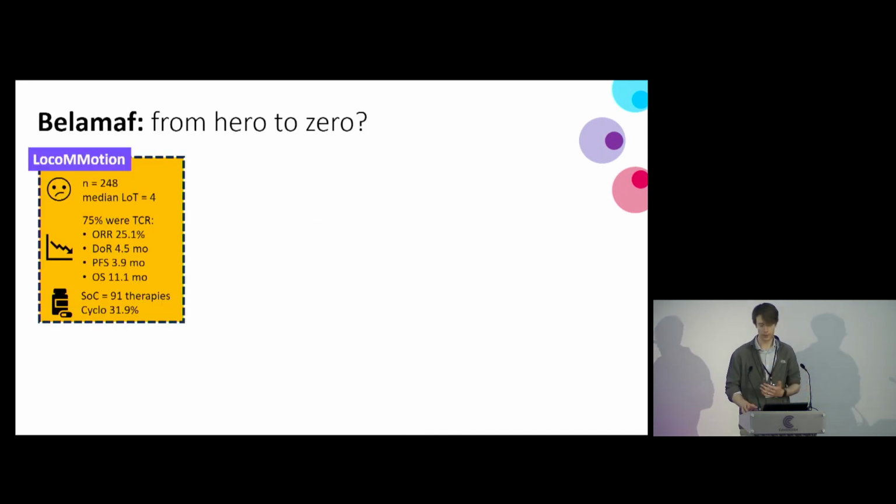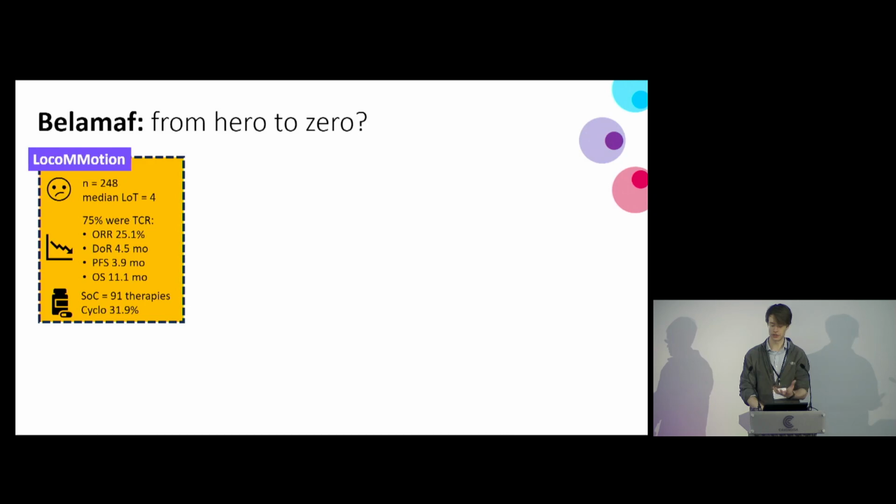And forgive me for starting with just my model and where my starting point would be conceptually. If we look at LocoMMotion, which is, I think, a neat prospective approach to understanding the state of play: 250 patients, mostly European, 75% of whom were triple-class refractory, and who did have a pretty upsetting prognosis.